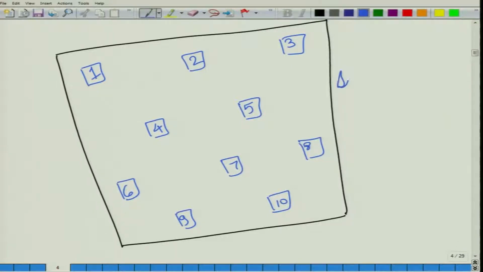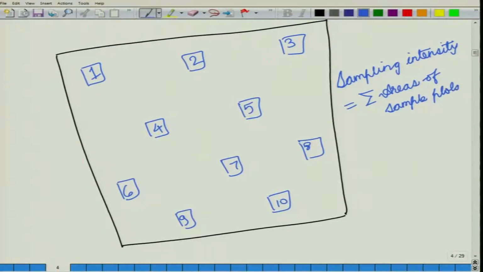So, our sampling intensity in this case will be given by the sum of areas of sample plots divided by the total area of the forest stand. For instance, in the first case, suppose we went for these 10 samples.